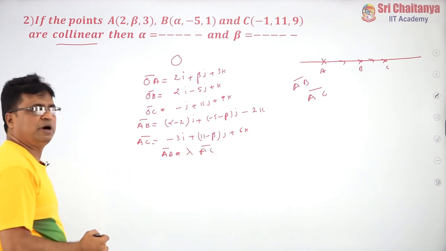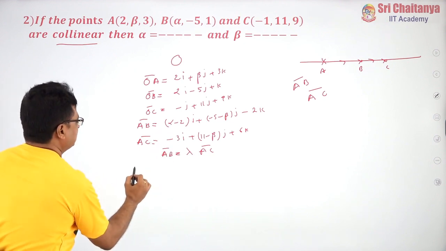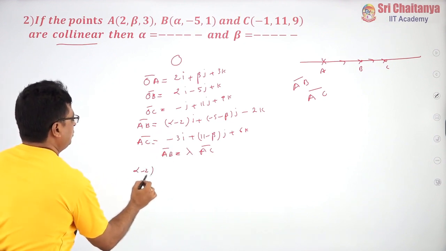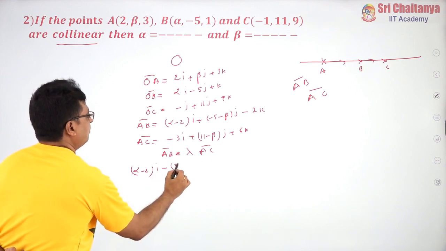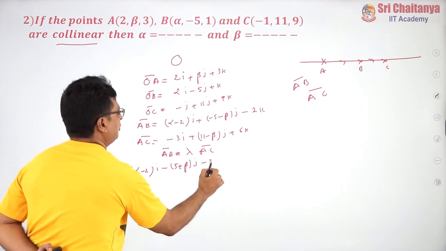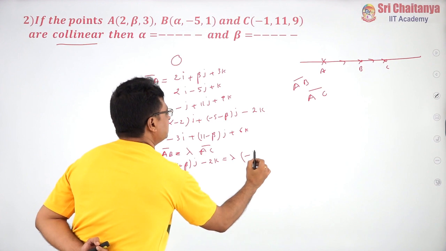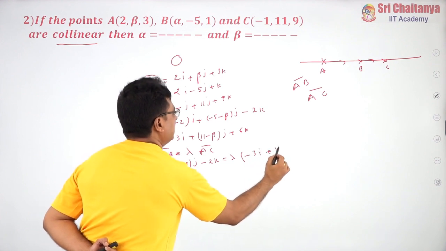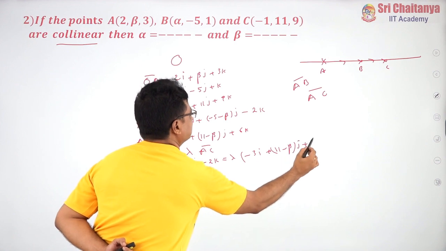So AB bar is equal to lambda AC bar, which means alpha minus 2 into i minus 5 plus beta j minus 2k equals lambda into minus 3i plus 11 minus beta j plus 6k.